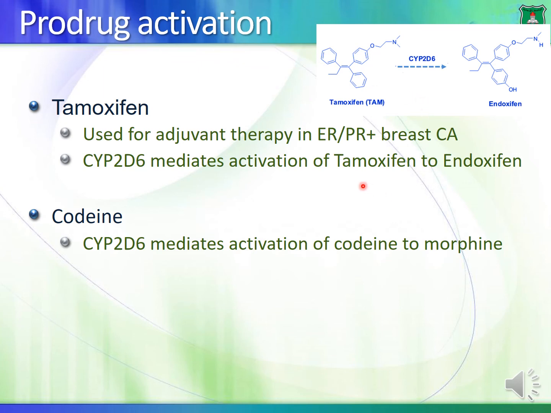Now this drug requires activation by CYP2D6, again our enzyme, into endoxifen, and endoxifen is the active metabolite. Now codeine also requires activation by CYP2D6, into morphine. So again, genetic variation can determine response to tamoxifen, the anti-cancer drug, as well as codeine.